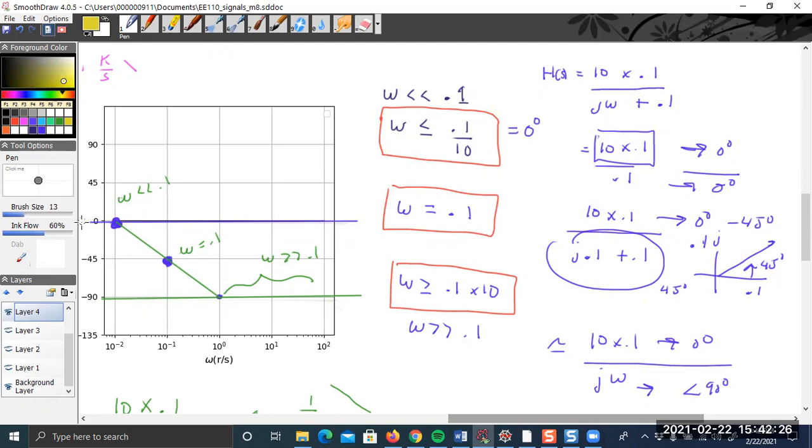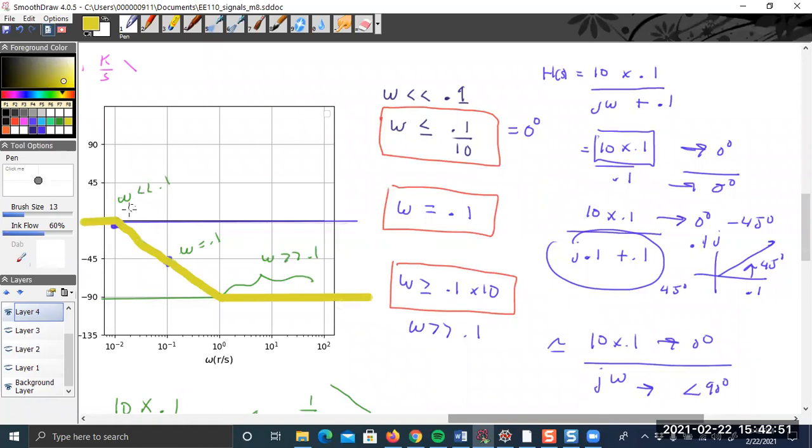Bigger brush. Comes here. So that's less than 0.1. Now I'm on this track, right? And now I'm on that track. So the phase goes from 0, passes through 45, and then goes to minus 90. All right.